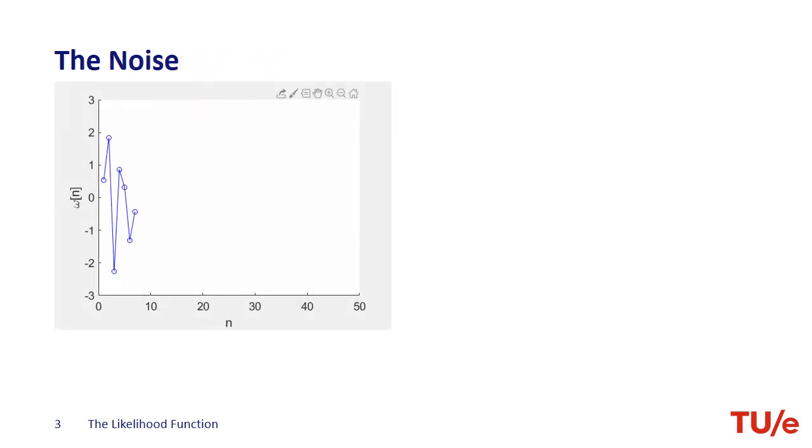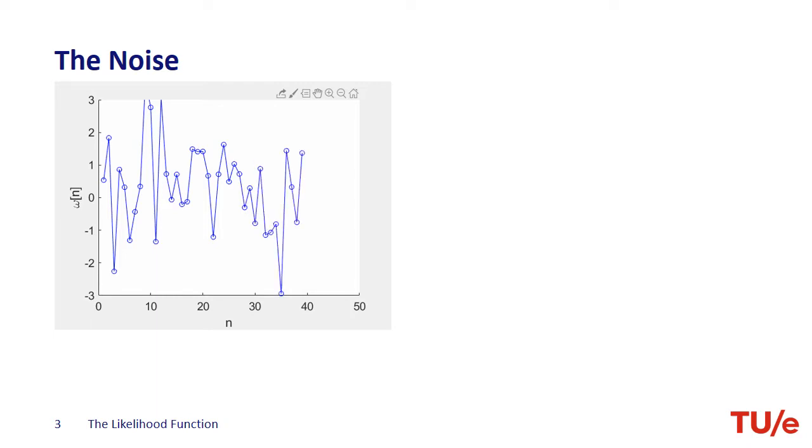Let's focus on the noise. It's a random process, which means each noise sample is a random variable. We have no way to know what the value of a sample will be before we actually sample it. Once we sample it, the noise sample becomes an observation. But even before sampling, we are not totally uninformed.